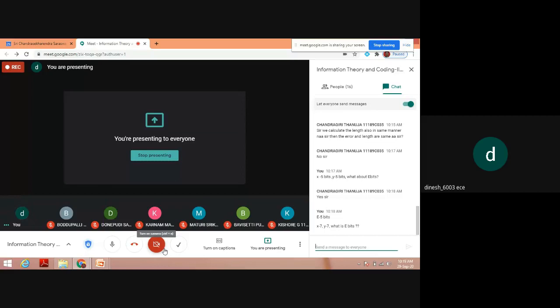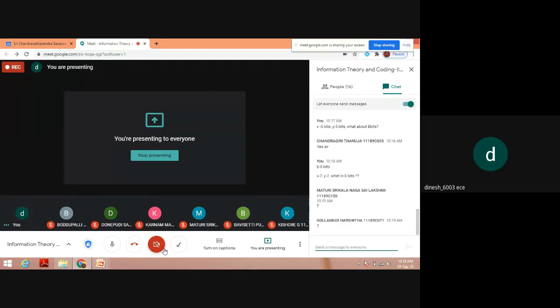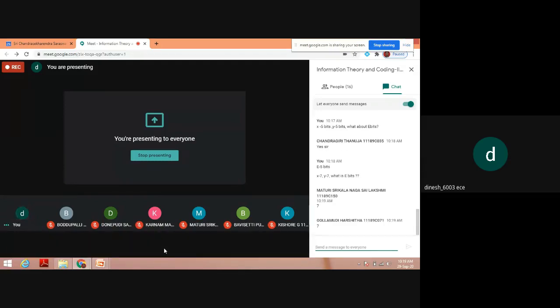If X vector is 7 bits, Y vector is 7 bits, obviously our E vector will be 7 bits. Yes, very good, Shrikala, Harshita. The length of X vector, Y vector and E vector should be the same. That is the conclusion.